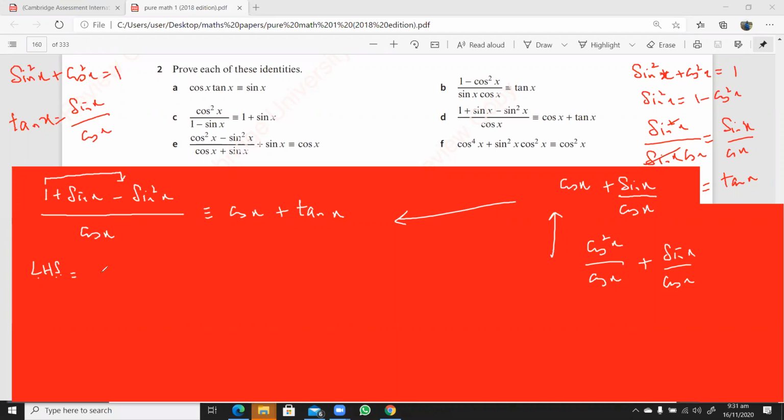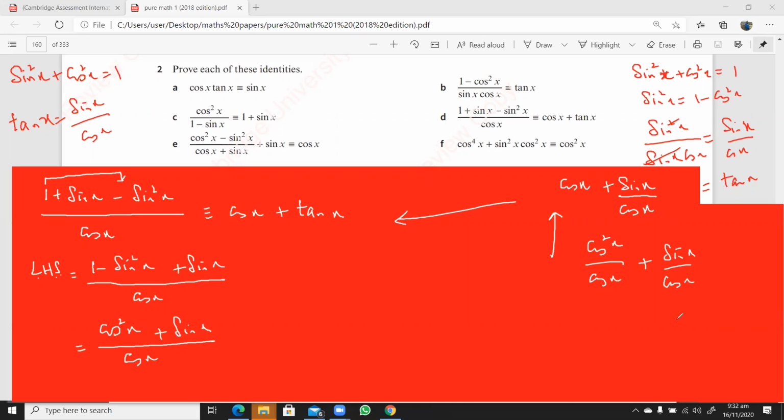Now the left hand side becomes 1 minus sin square x plus this sin x over cos x. Now this 1 minus sin square x is cos square x plus this sin x over cos x.